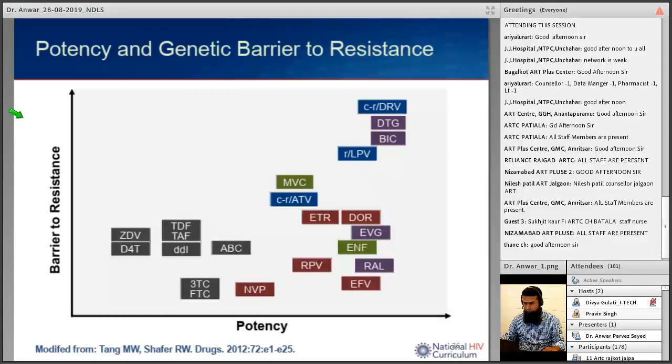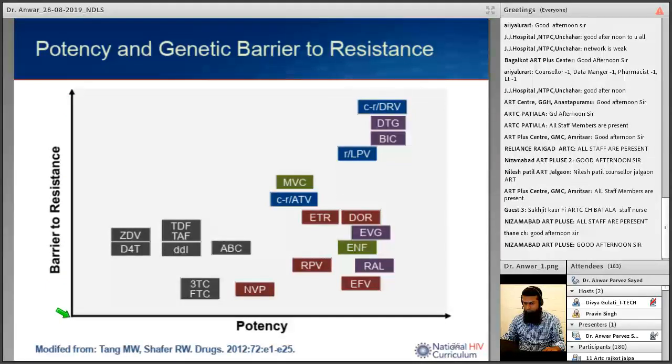Now if you look at this graph, it has two axes like any graph, the x-axis and y-axis. On one axis you will see the potency of these drugs, that is, how strong the drug is to fight against HIV or to prevent multiplication of HIV, and on the other the barrier to resistance, or genetic barrier to resistance. That means how many mutations a virus requires to become resistant to a particular ART medication.